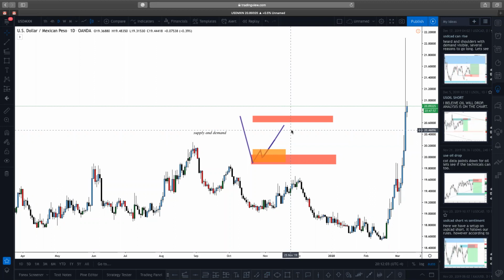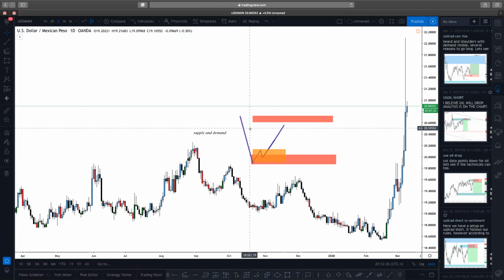The zone has to accomplish something for it to be valid, right? And one of those things that it needs to accomplish is the removal of another zone. So basically, demand removes supply or supply removes demand. And what do I mean by this, right?